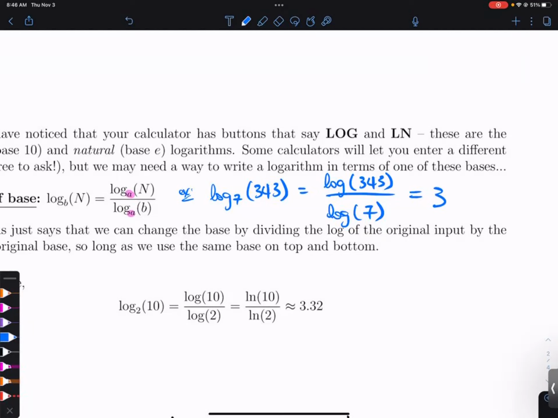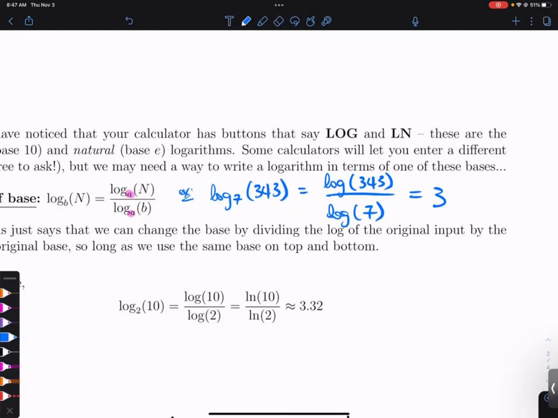On something like a test, you might need to do this once, or it might not even show up at all, because a lot of the time I'm just going to ask you for an exact value anyway, so I don't do the calculator version. But if it's there, that will let you type in directly the base that you want and the number that you want to take the log of. So you may or may not need the change of base thing. It's nice to know for a couple other things as well, how to do that change of base, but that's how it works.